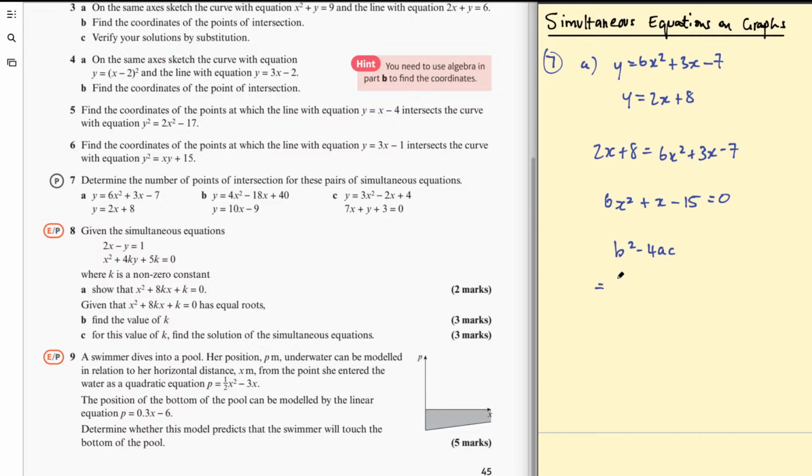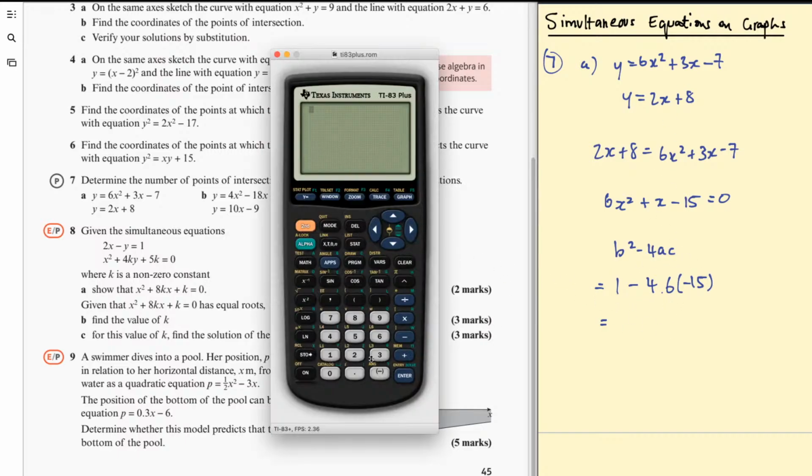So the b is 1 take 4 times 6 multiplied by c, which is negative 15. And well, this is clearly greater than 0. I guess we should probably compute it, but you don't even really need to figure it out if you can just see that it's greater than 0. But let's go ahead and do it anyway.